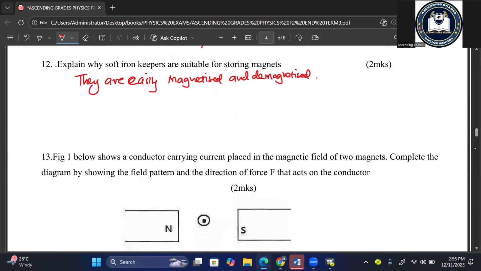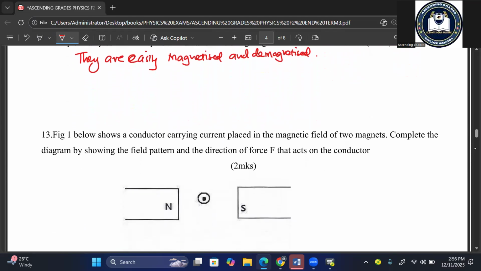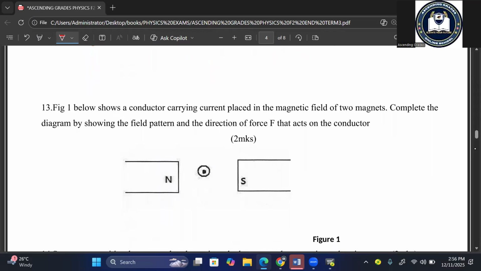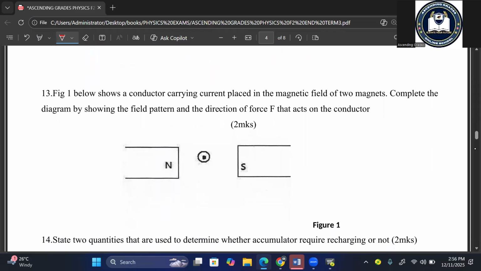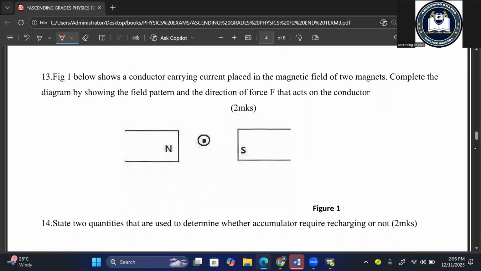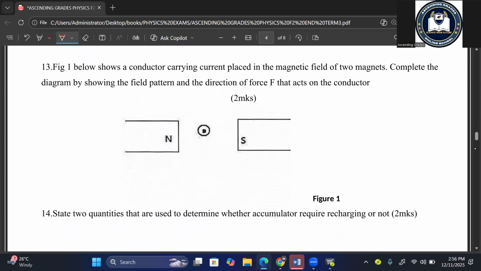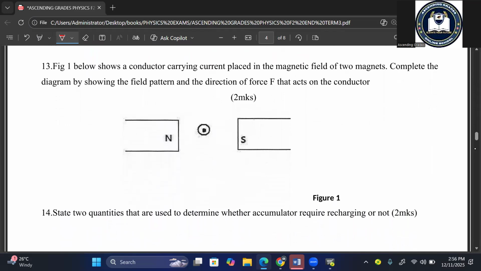The figure below shows a conductor carrying current placed in the magnetic field of two magnets. Complete the diagram by showing the field pattern and the direction of force F that acts on the conductor.